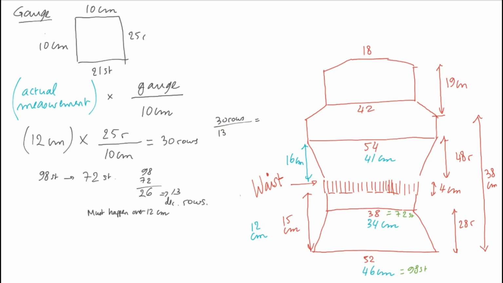It comes out to 2.3, but we can only do integers in knitting, so it's going to be 2. Every 2 rows we need to work a decrease row. So that means every other row, which works perfectly, because that way every time you have a right side row, you work a decrease.